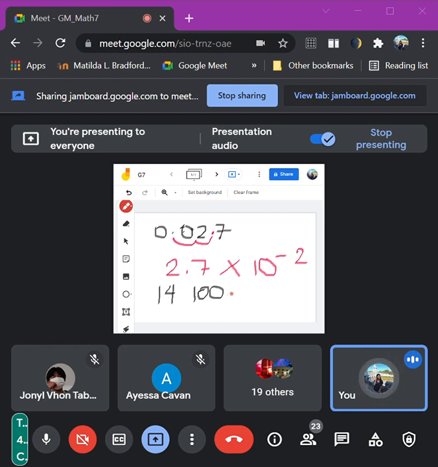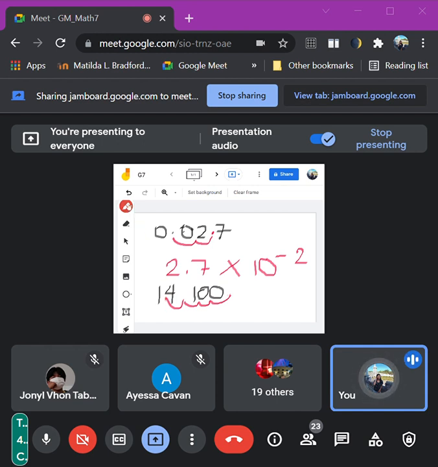Now, we're going to move these two, class. To the right or to the left? To the left. Okay, to the left. So, we have here 1, 2, 3. Move further. 4.